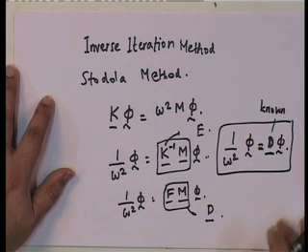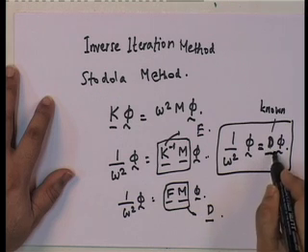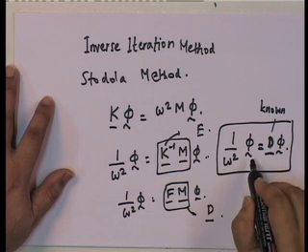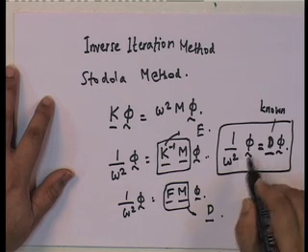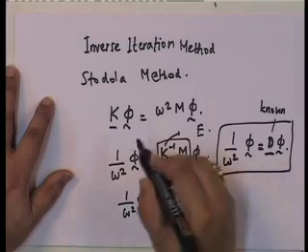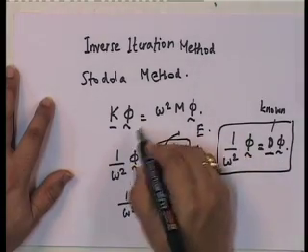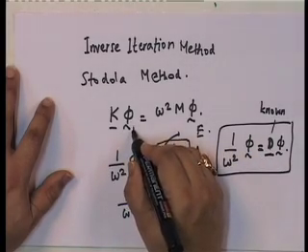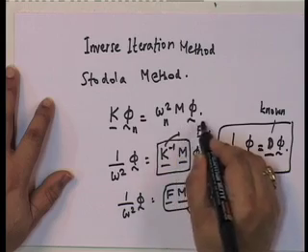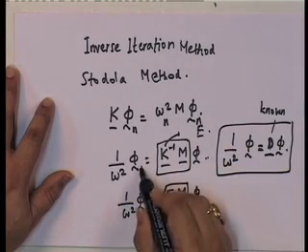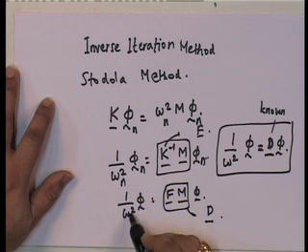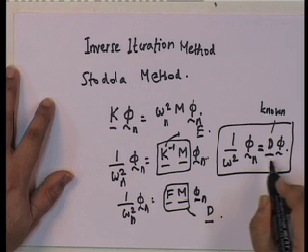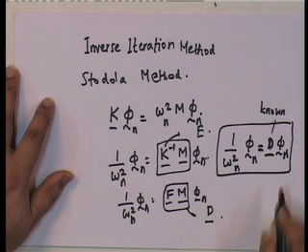Okay? Now, this is equal to this if this displacement that you get is, sorry, let me put it this way, that D phi n is equal to 1 upon omega n squared phi n.